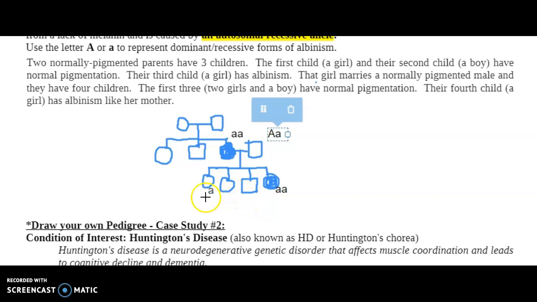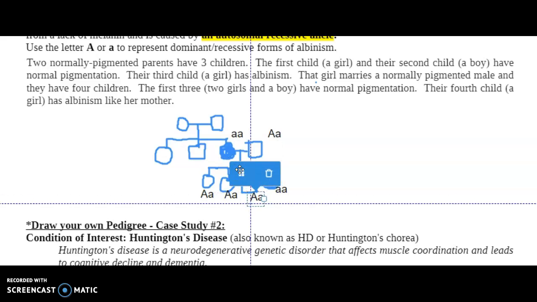All these siblings down here of that one, they showed the dominant trait, so they had a big A, but then Mom could only give a little a. So they're all going to be carriers. They're all going to have to be big A, little a. So move that.